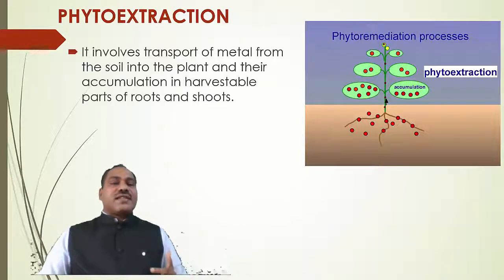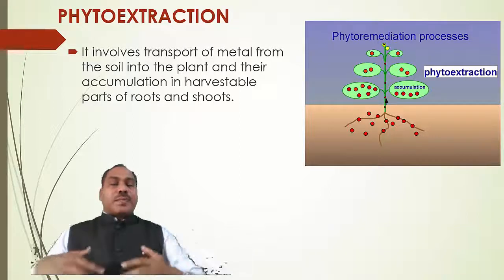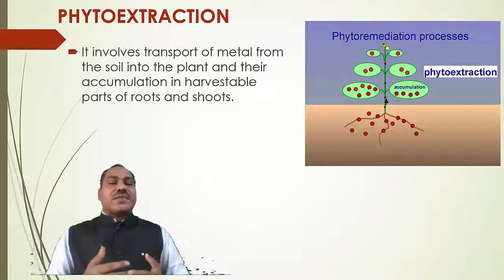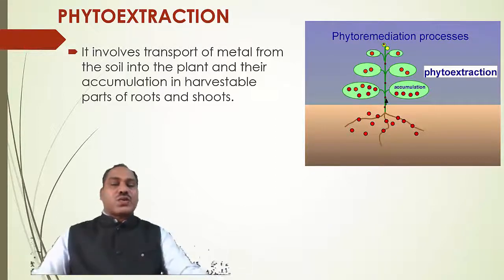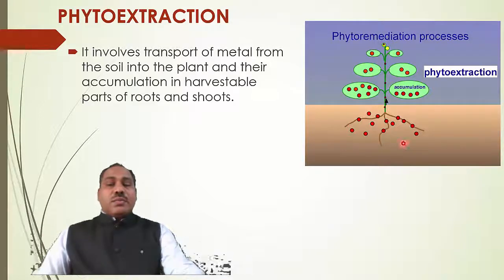In this process, first of all, the pollutants are transferred from the soil or water to the plant systems, and then accumulated in the harvestable plant parts such as root and shoot. When the pollutants in the soil enter the root, they are transferred from the root to different parts such as leaf, stem, flowers and fruits.